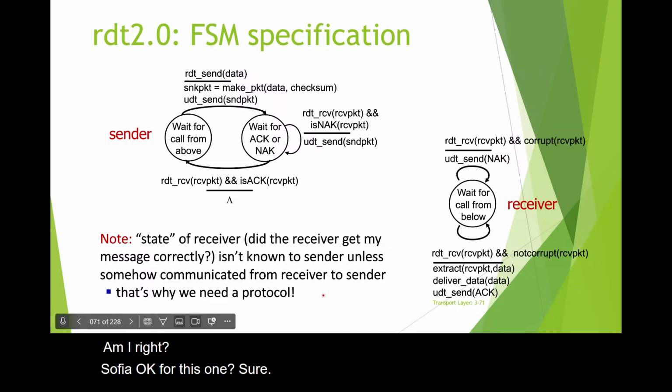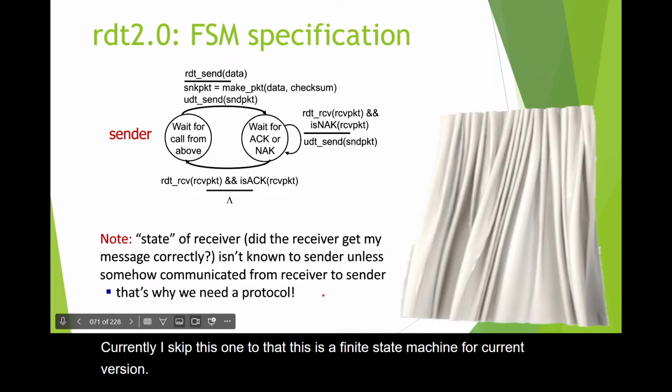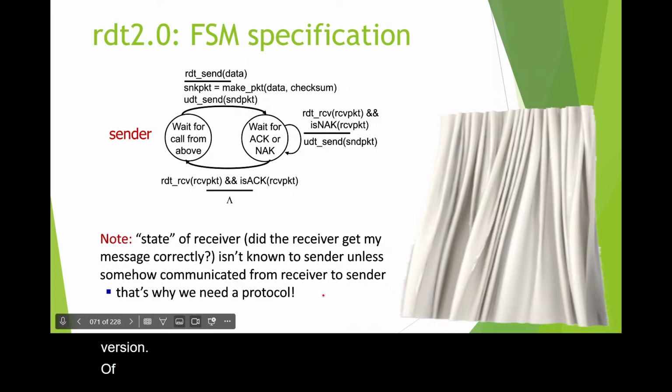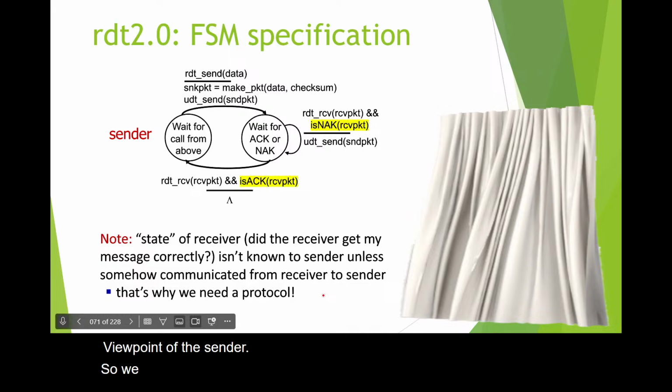And that says something here, but currently I skip this one to let you know this is a finite state machine for current version. Well, of course, we don't know the status of the receiver from the viewpoint of the sender. So we emphasize this again.